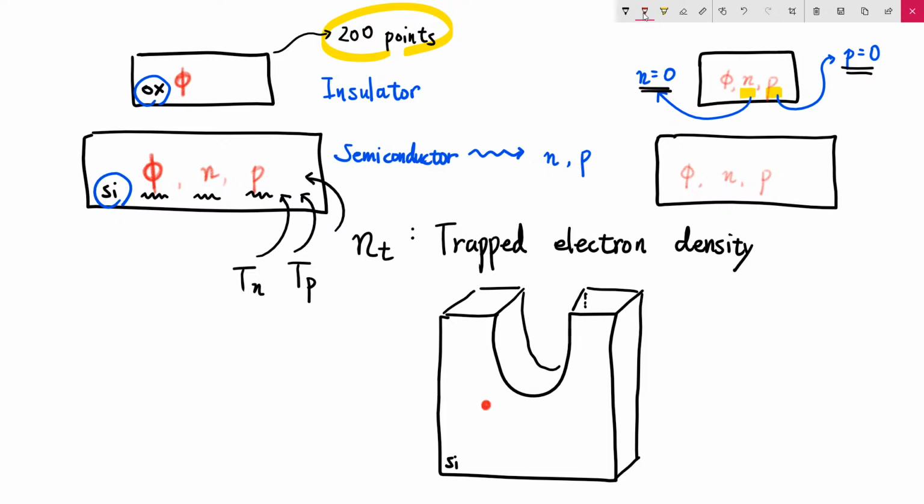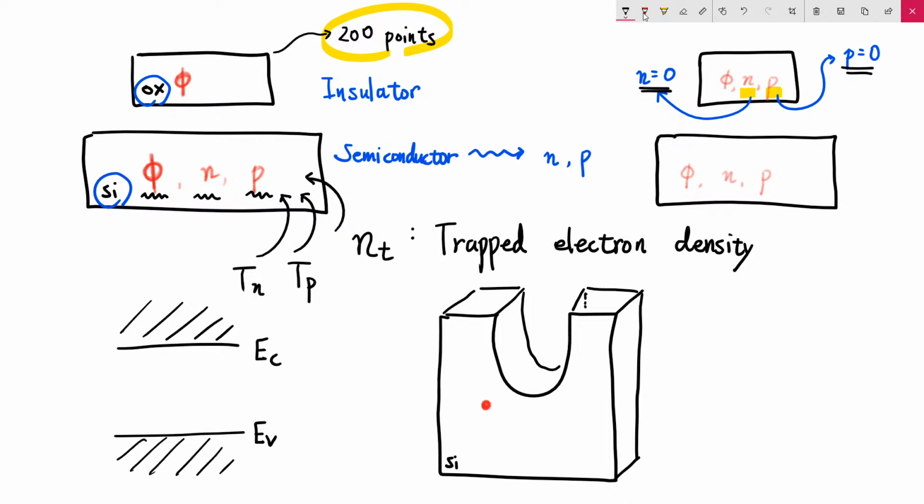Trap means a physical entity which can capture and emit electrons. So from the viewpoint of an energy diagram, states above the conduction band minimum are called conduction band states, and the states below the valence band maximum are treated as valence band states.